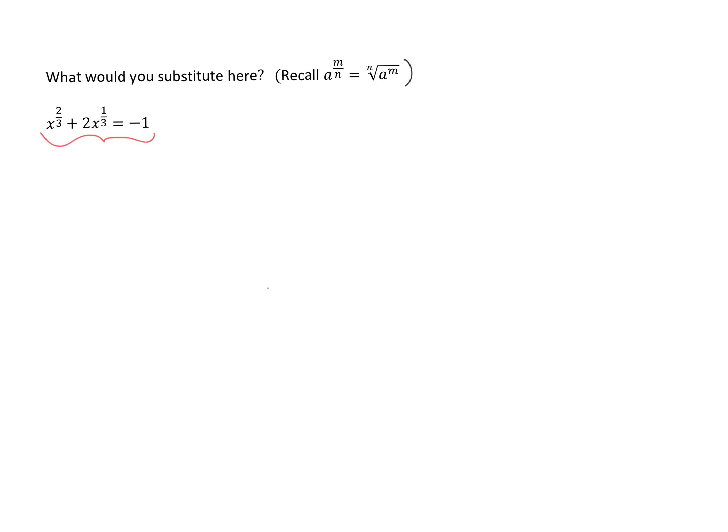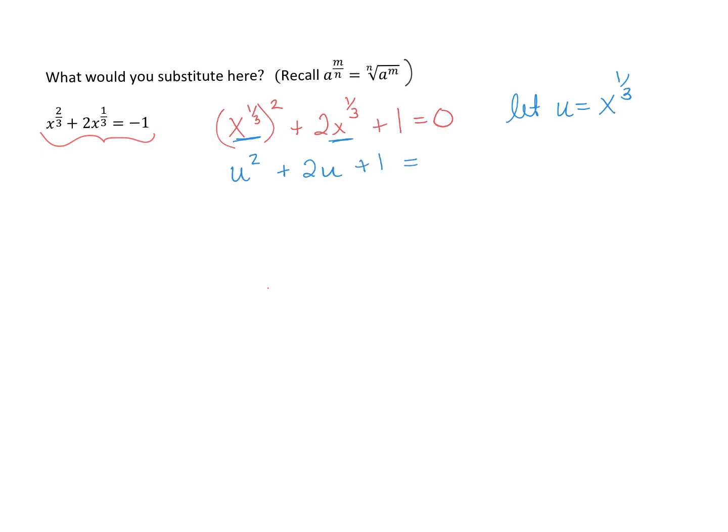So I am going to move that 1 over, and I'm going to rewrite this as x to the 1/3 squared plus 2x to the 1/3 plus 1 equals 0. Again, I hope that you notice that we have the x to the 1/3 in two different spots. So I'm going to let u equal x to the 1/3. So I'm going to have u squared plus 2u plus 1 equals 0.